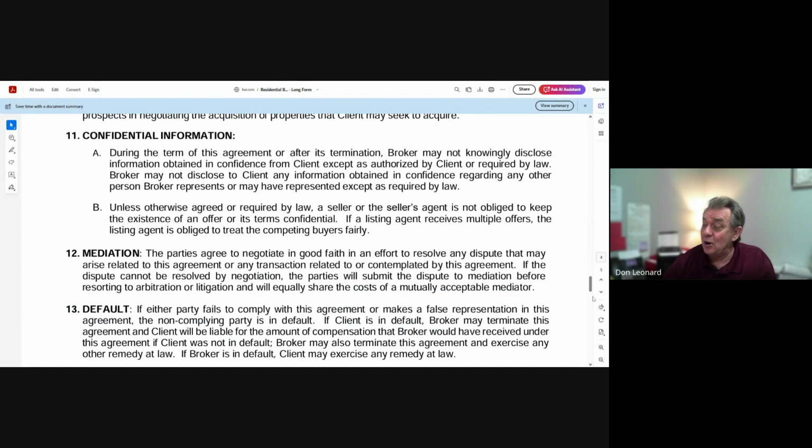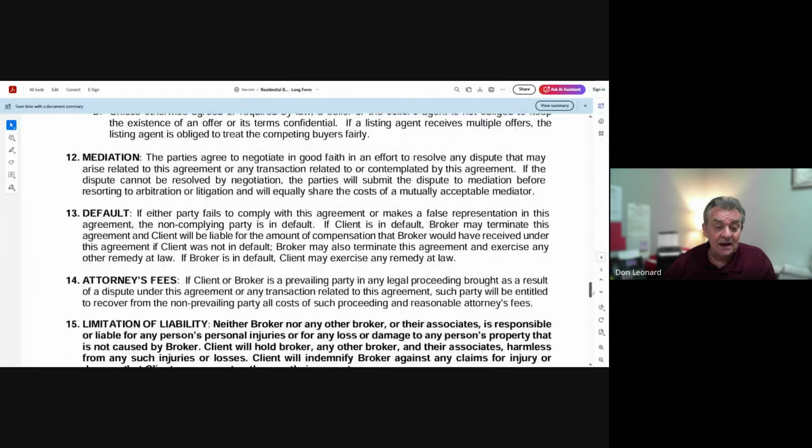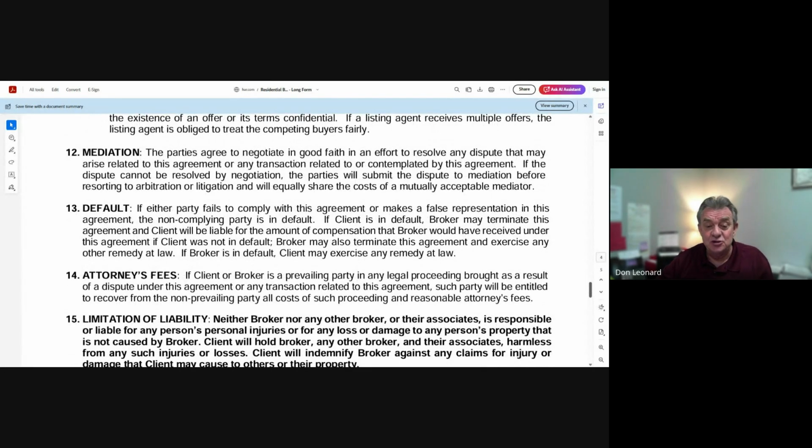Default: if either party fails to comply, then of course the other party, as the injured party, may have some kind of remedy available to them. Usually we don't run into any situations here. Usually, more than anything, the agreement just falls apart, and that's going to be it. Attorney's fees.